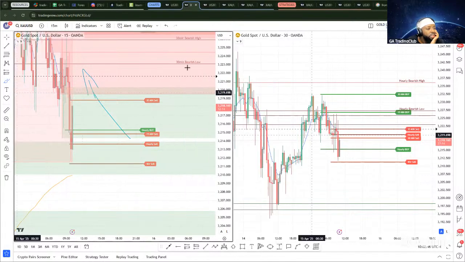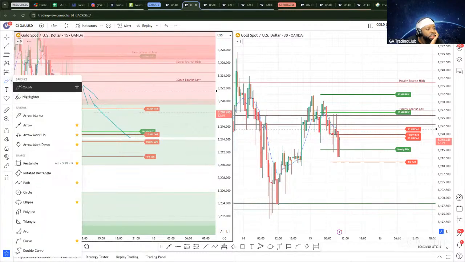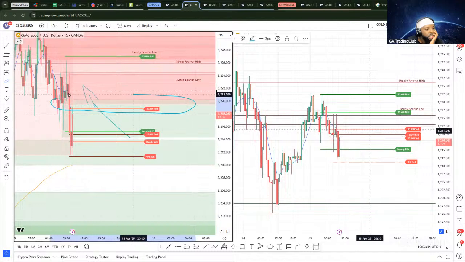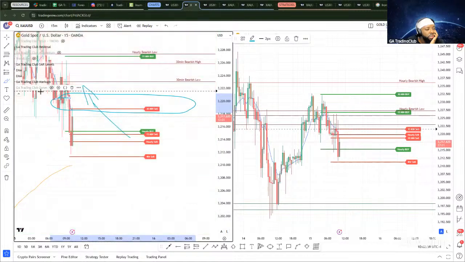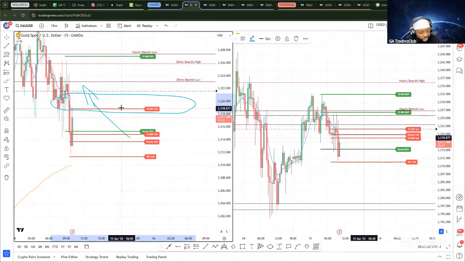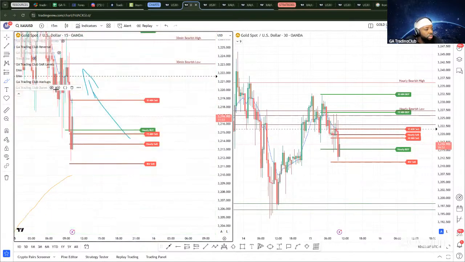You'll see we have this area of overlap, right? So we don't want to take any trades if the area of supply is overlapping with an area of demand. So if we turn off the zones again, there's an overlap of supply and demand zones right here. So at this point, what I do is I just cancel this alert here.